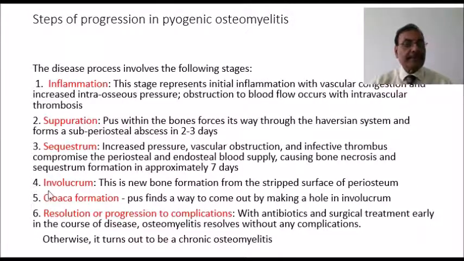Then starts the fourth stage, that is the stage of involucrum formation. Once the periosteum is elevated, it reacts by forming new bone.